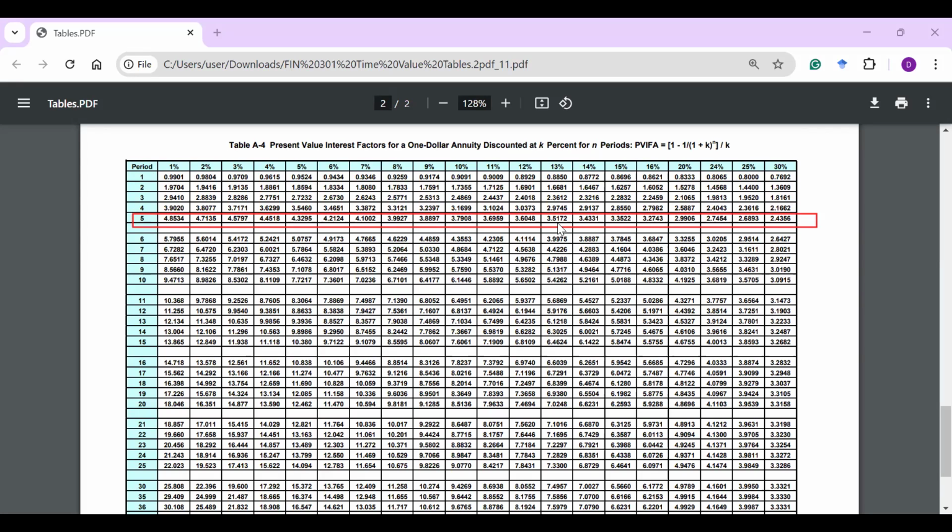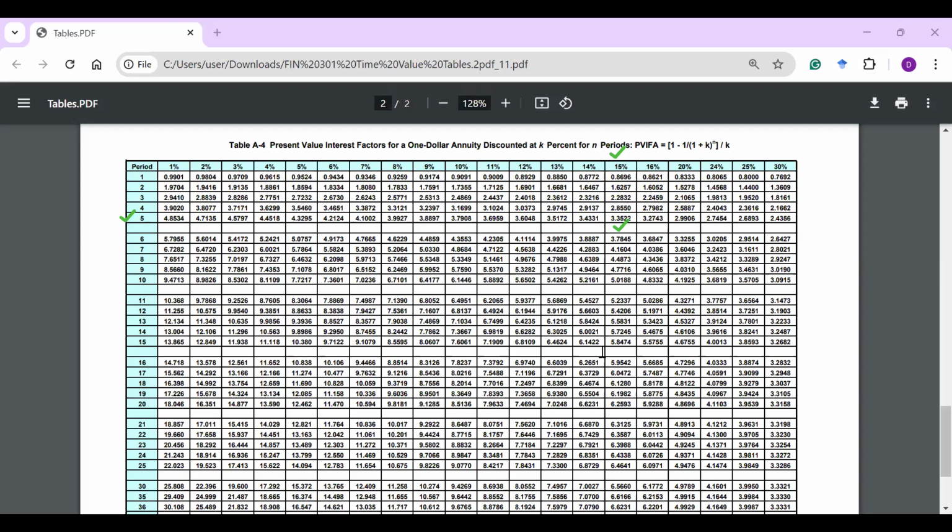So time period is 5 years, the factor 3.35. At this factor, the rate of interest is 15%. So the answer would be 15%.